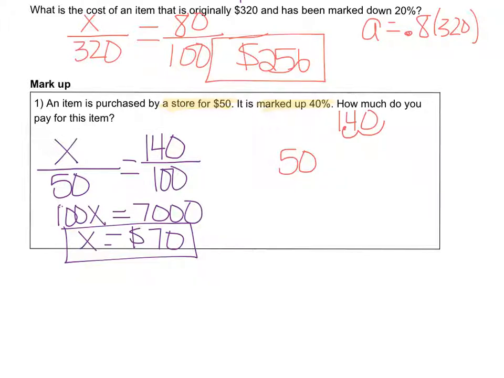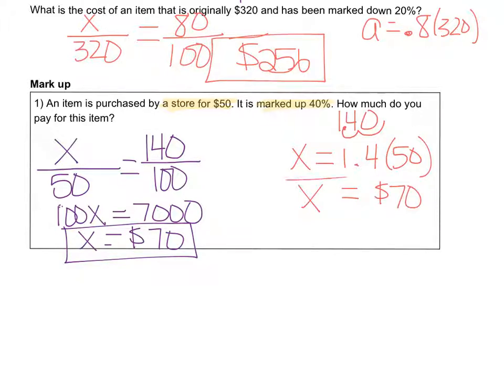Hold on, I forgot that's out of spot. So X equals 1.4 times 50, okay? Then you get X equals $70, okay? So you'd get the same thing, and you can use whichever method you'd like. It's your choice. Let's go on to the second problem.